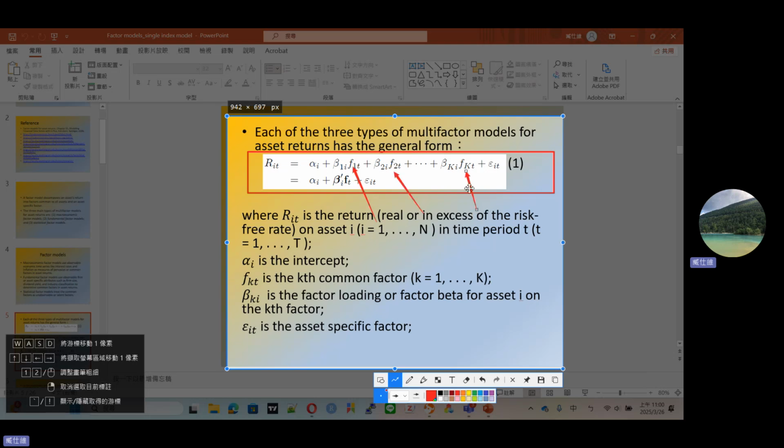So we have k factors to explain the returns. What you just saw from the index model is just this part, and this factor refers to the market index returns. So now you can see we can have a more general formula for the factor models here.